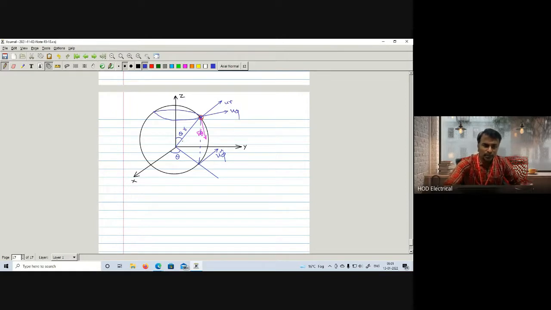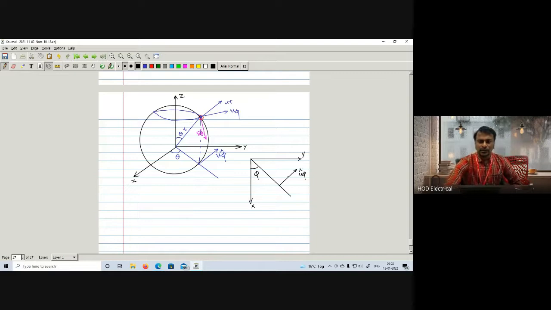So what are the components of this unit vector? If you carefully see, if I take only the xy axes separately so that you can easily understand, this is the x-axis and this is the y-axis. Then this is the angle phi, and this is the unit vector u phi.